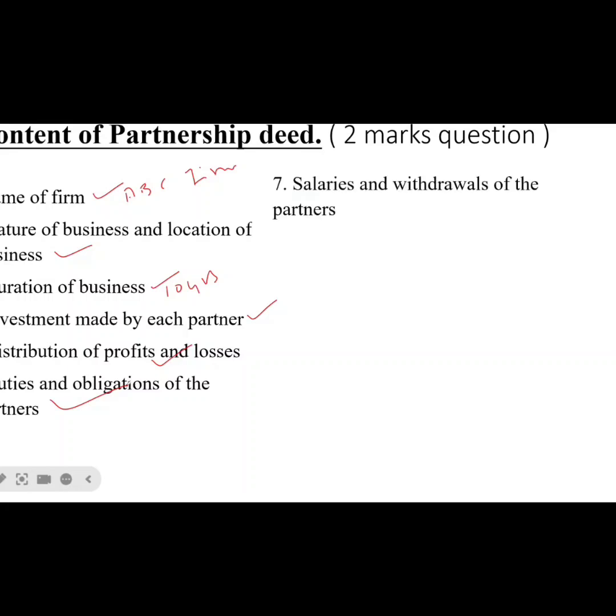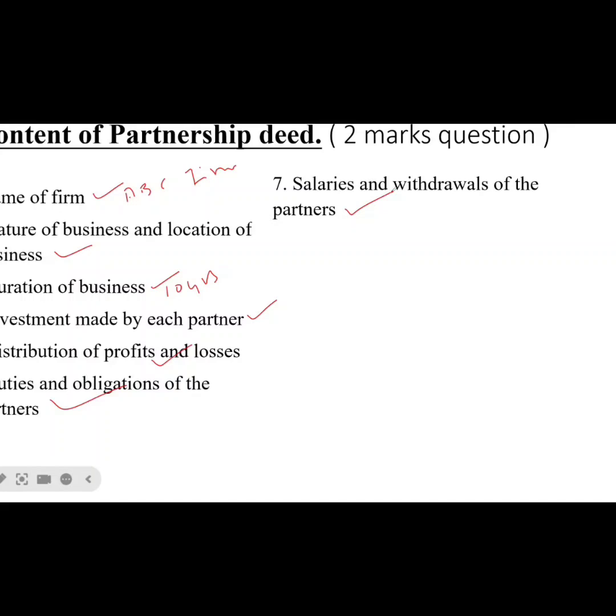The salaries and the withdrawals which are allowed in a partnership firm. What will be the salary provided for a partner who is actively managing the business firm? If the salary is agreed upon, then you have to mention what salary you're going to give that partner in the partnership deed.